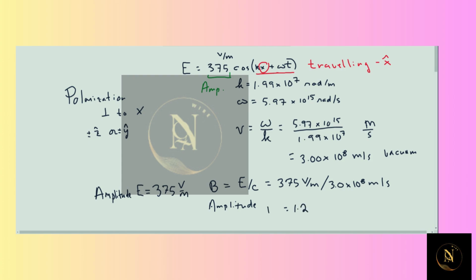Typically, the magnetic field amplitude will be much smaller than the electric field amplitude, but it is important to realize both components are carrying the same energy per unit volume.